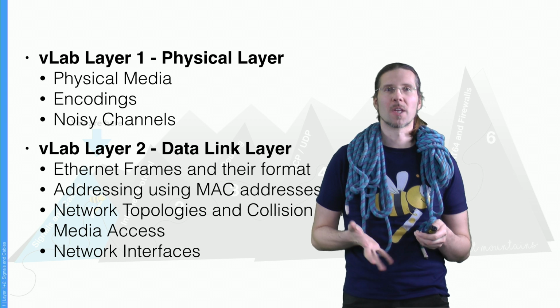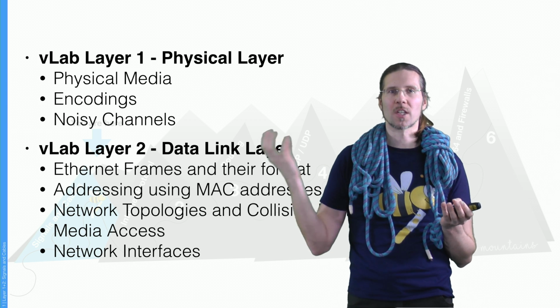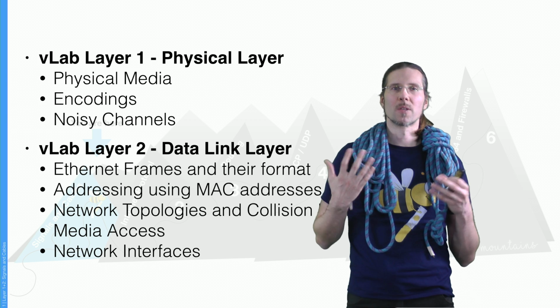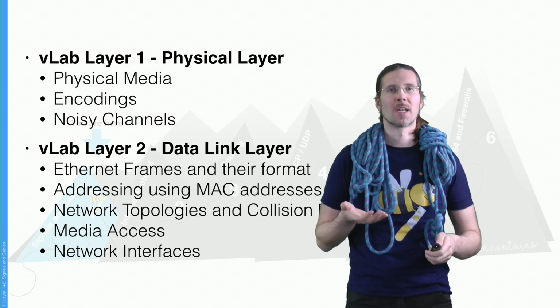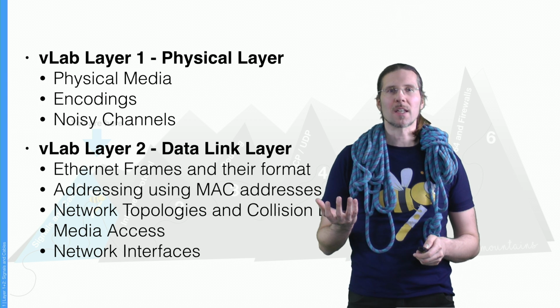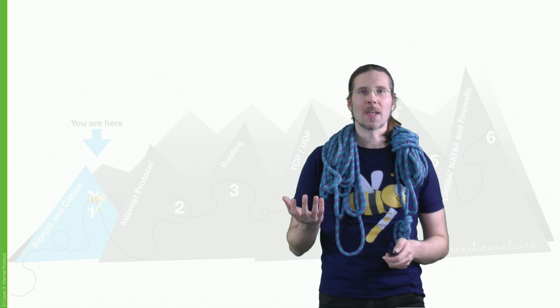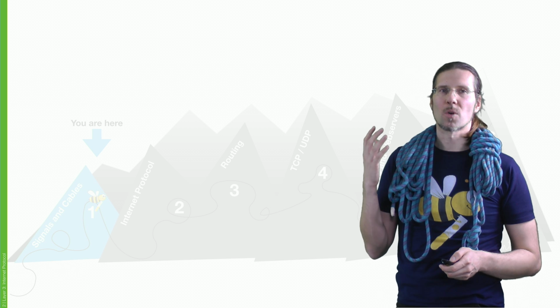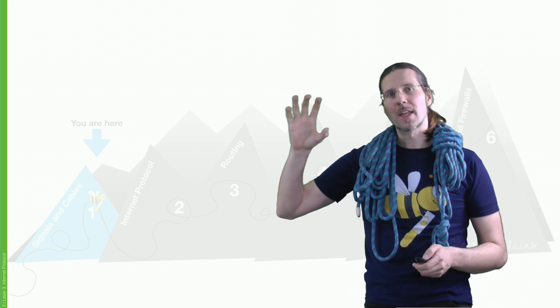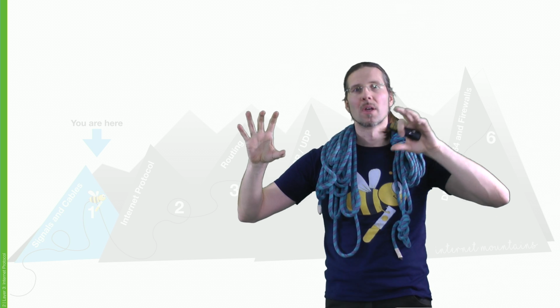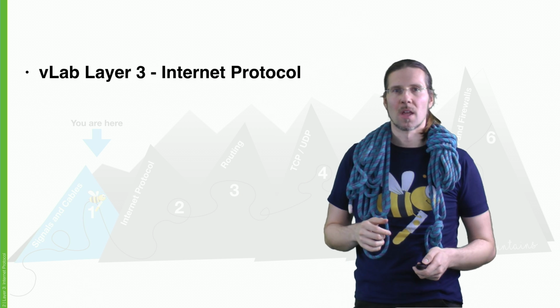But this is not all, because the internet is not just directly connected hosts. When you open a website, you're typically going through multiple hosts until you reach the destination. And this is exactly what we will look at in the next part, called the Internet Protocol, which is about addressing hosts that are more than one so-called hop away from each other.